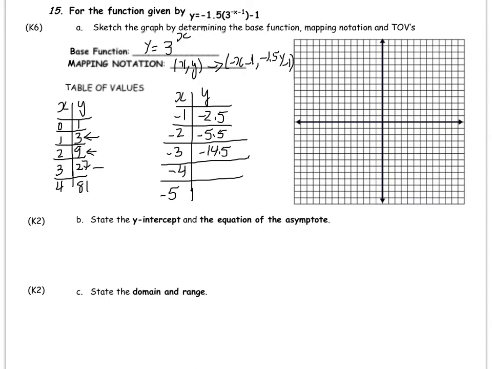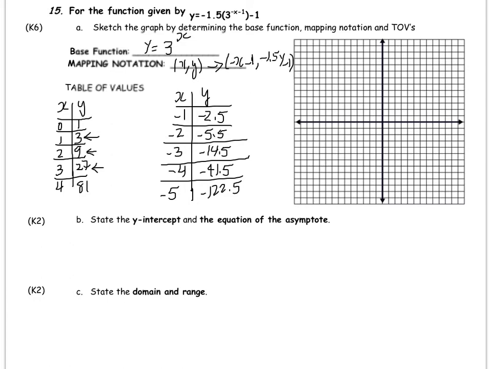When y is 27, negative 1.5 times 27 minus 1 gives me negative 41.5. And when y is 81, negative 1.5 times 81 minus 1 gives me negative 122.5.